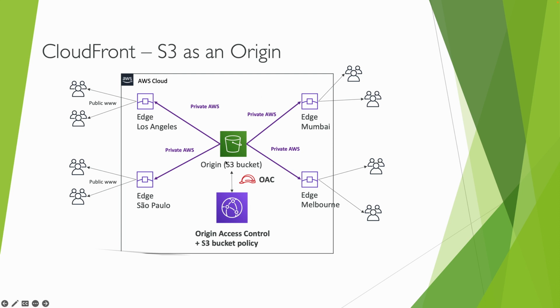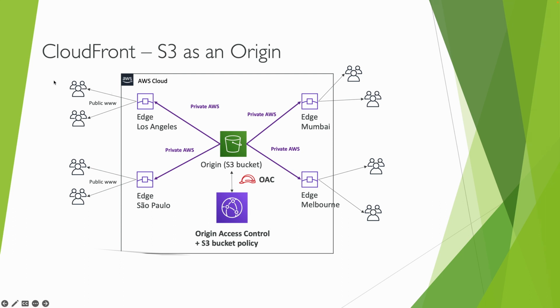Say you have an S3 bucket, and this S3 bucket has some origin access control. This is for security purposes. Say this S3 bucket is located somewhere in some region. Now we have users in the United States region, and these people are requesting an object from the S3 bucket.